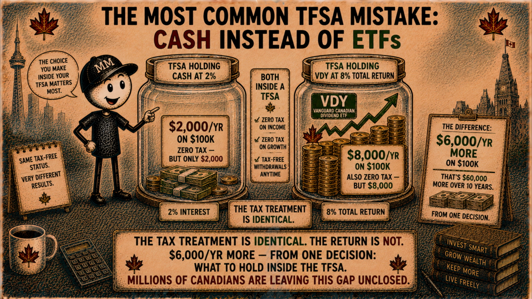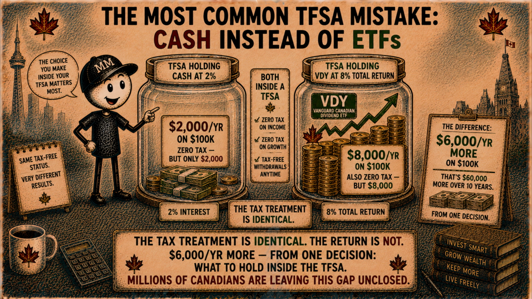That sounds good. A TFSA holding VDY at 8% total return earns $8,000 per year on $100,000 and also pays zero tax on it. Same account, same tax treatment. $6,000 per year difference, entirely from what is held inside it.